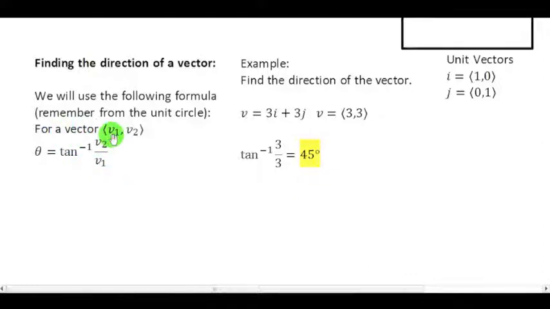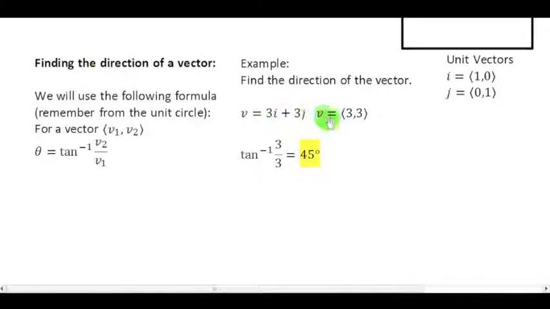So to find the direction of a vector, my vector here is v equals 3i plus 3j. Here's a great example of our unit vectors coming into play and how we use those. Unit vectors, I've written them down over here, are 1, 0 and 0, 1. If I were to plug that 1, 0 and 0, 1 into my equation here, multiply through and add those vectors together, I'm going to get this one: 3, 3.